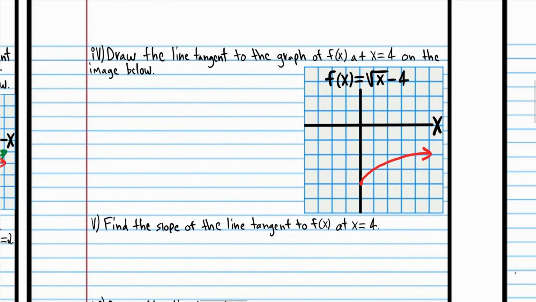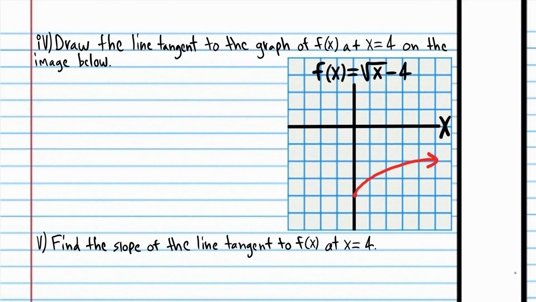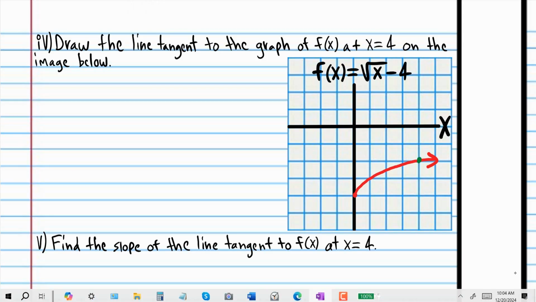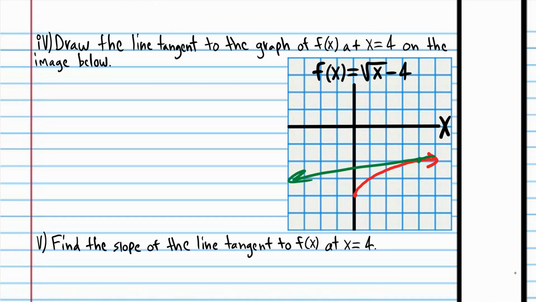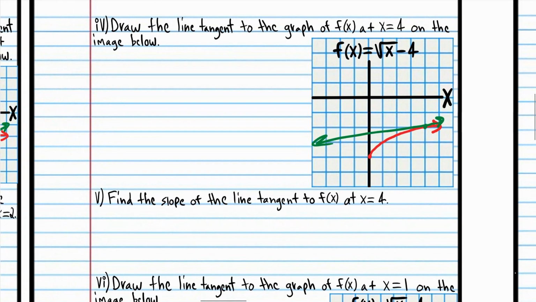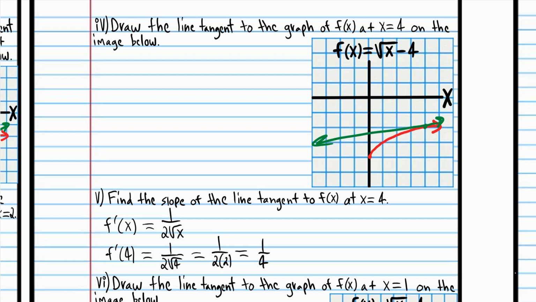So, let's try another one. It says, draw the line tangent to the graph of f of x at x equals 4. So I'm going to move out 1, 2, 3, 4. Find the corresponding point on the graph, and then draw that tangent line. And then we're going to find the slope of the tangent line using our derivative function that we just found, which is 1 over 2 root x. We're going to plug in 4. So we have 1 over 2 times the square root of 4, which is 1 over 2 times 2, which is 1 over 4.